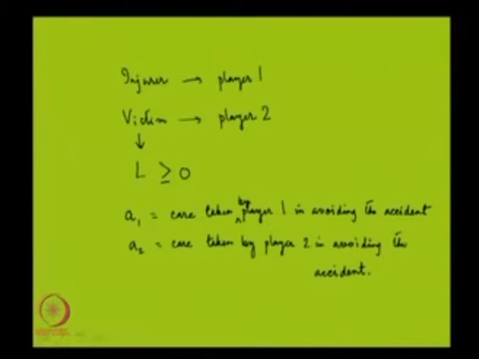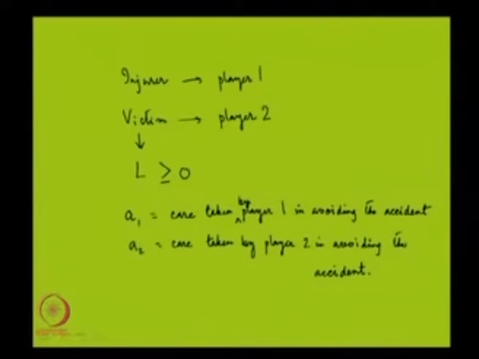If more care is taken, there is less probability for the accident to happen, and the expected loss due to accident, that is L, also goes down. So, L is a declining function in both the variables.